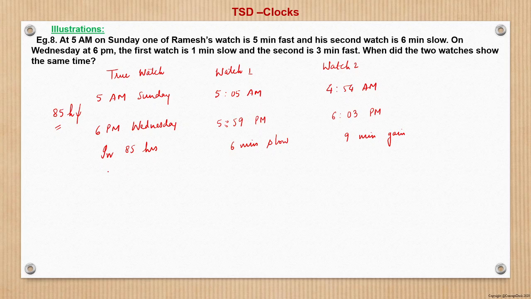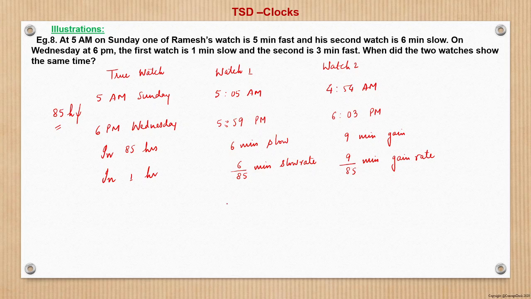So in 1 hour, watch 1 would slow by 6/85 minutes and watch 2 will gain 9/85 minutes. This is the slow rate, and this is the gain rate for watch 2.